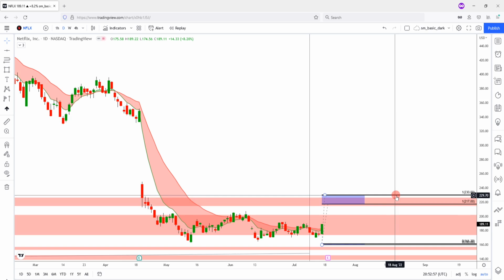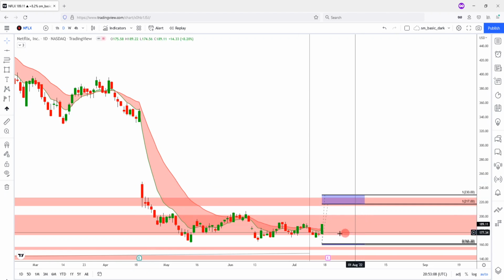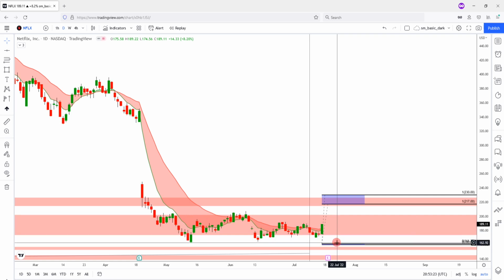Now, there could be a positive surprise that it might get up to this gap level here, somewhere around the $250 area. On a negative reaction, we'll be watching Netflix come down, break below this lower edge of this high volume zone at 173, 174 area, and we'll watch it dip down to this 161 and possibly get down to this 155, 156 area.